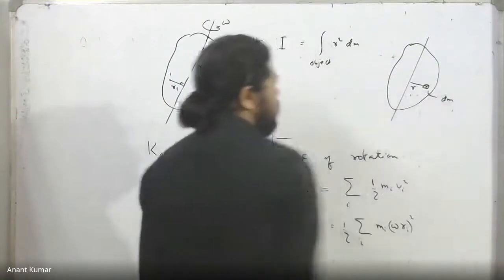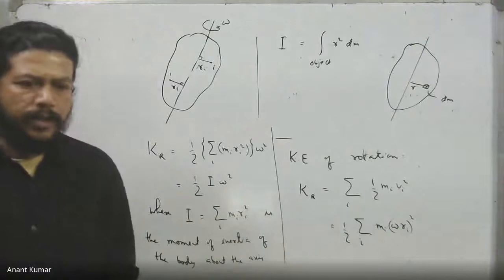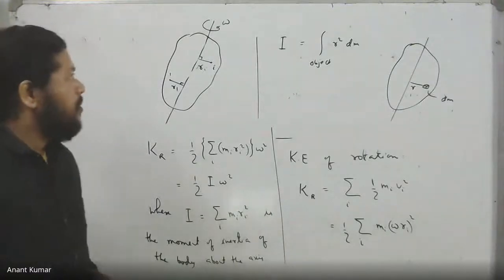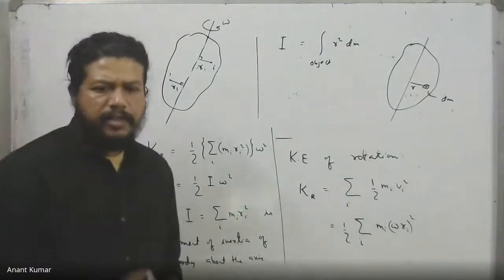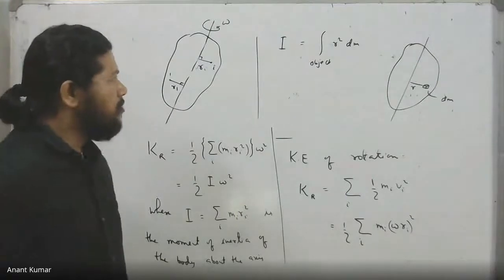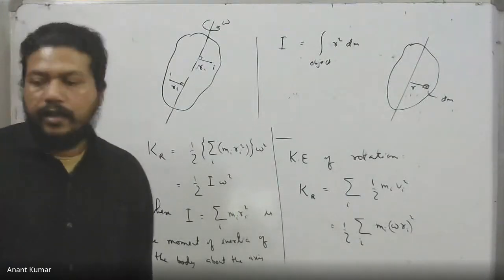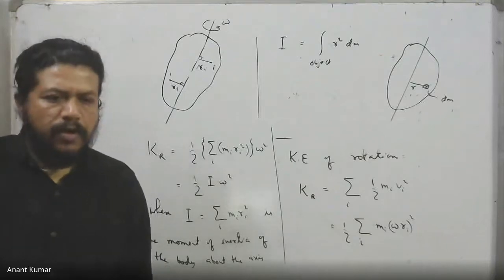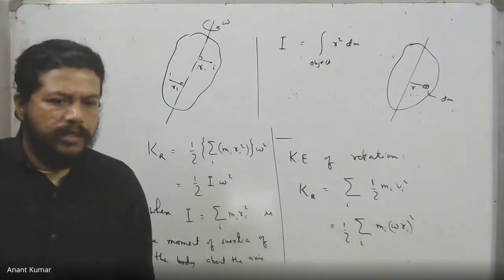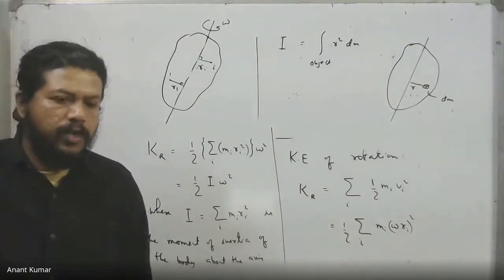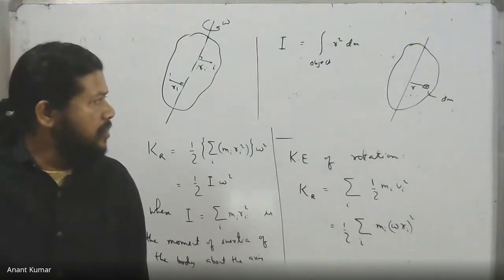Dm represents the elementary mass present in the body. I'm basically treating that dm as a point mass, obtaining the moment of inertia of that point mass about the axis, and then adding the moment of inertia contributions of all such point masses. They'll boil down to simply an integral.